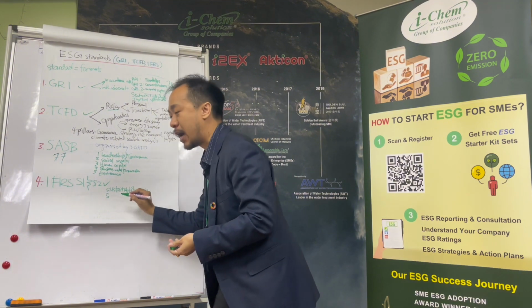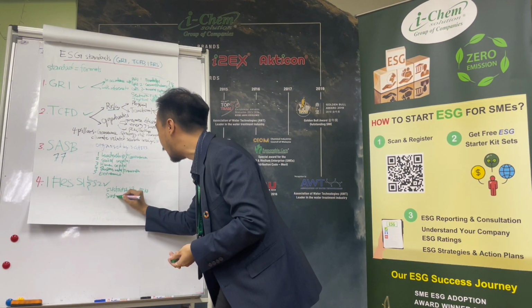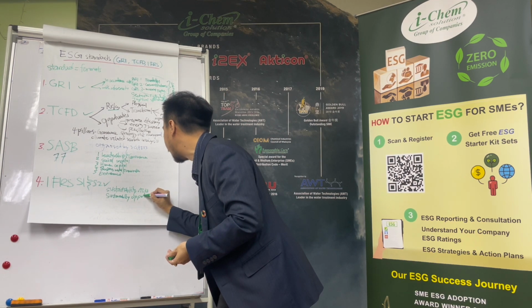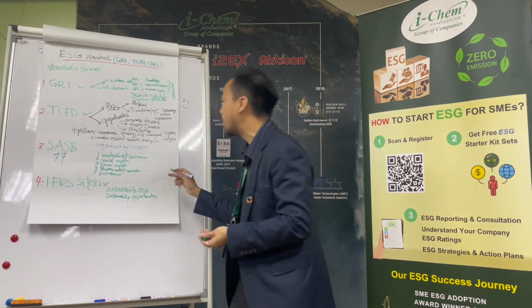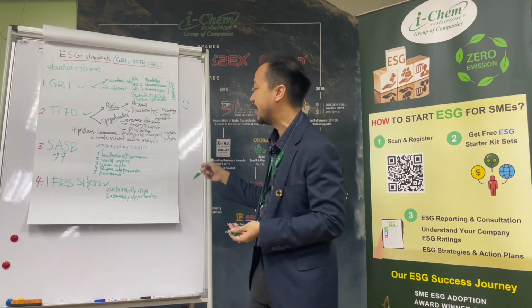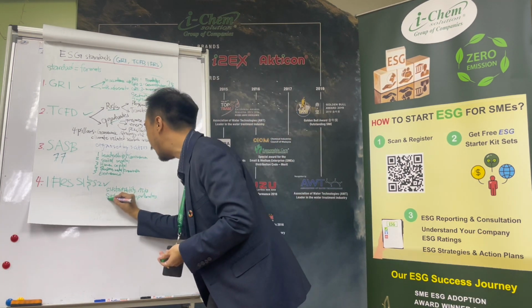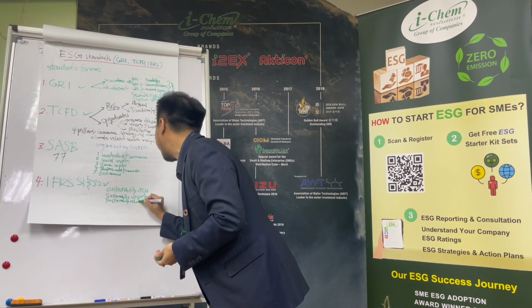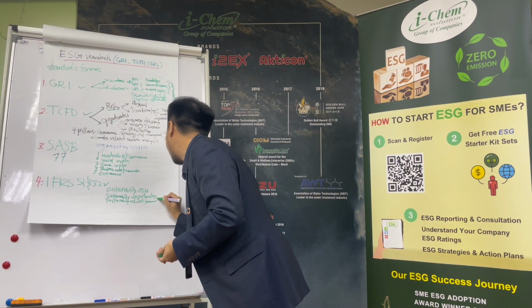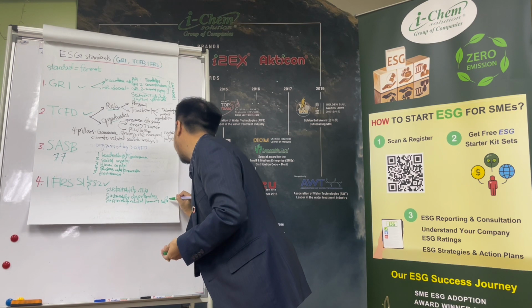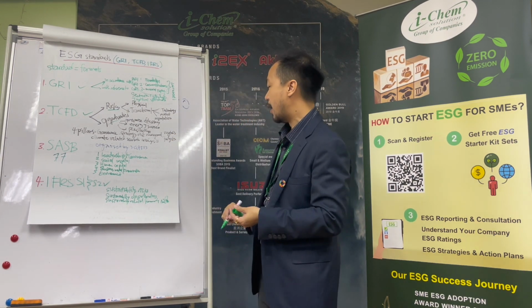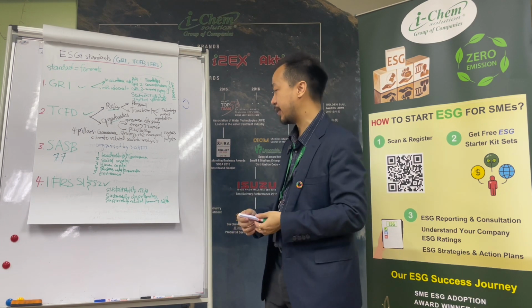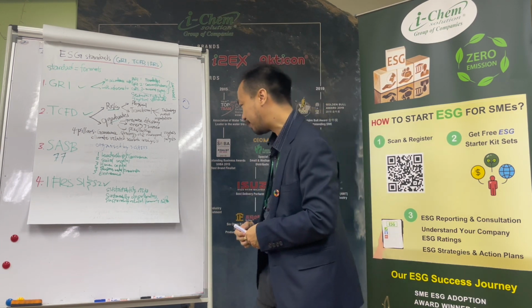And for the IFRS S1 and S2, you talk about sustainability opportunities. Now, this is what you saw in TCFD as well, opportunities. And you also talk about sustainability-related financial info. All right, this is basically what investors and bankers like to see in your ESG report.